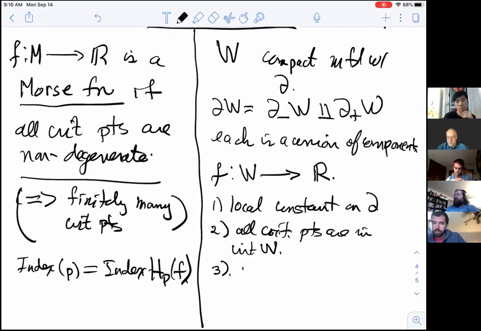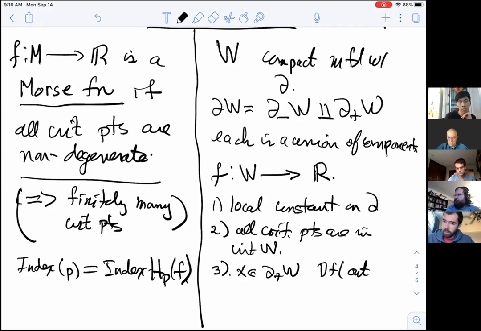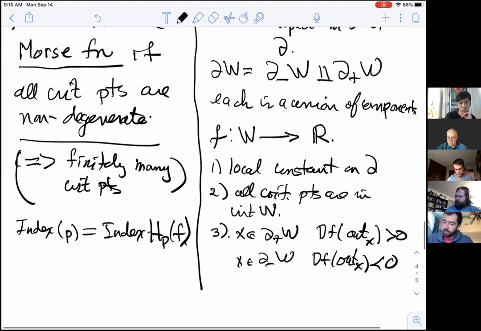So if x is in boundary plus of W, the differential of f on an outward pointing tangent vector is positive. And if x is in boundary minus of W, the differential of f at an outward pointing tangent vector to x is negative.